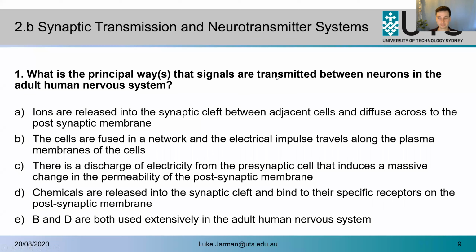D. It's a good answer. Chemicals are released into the synaptic cleft and bind to their specific receptors on the postsynaptic membrane. Yeah, it's exactly right. It's the most correct here. The rest of these are talking about things that aren't really relevant.